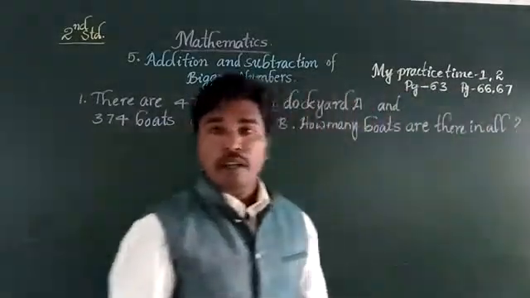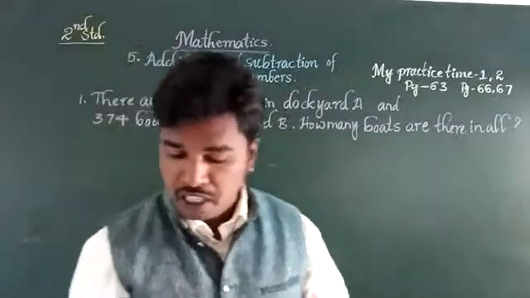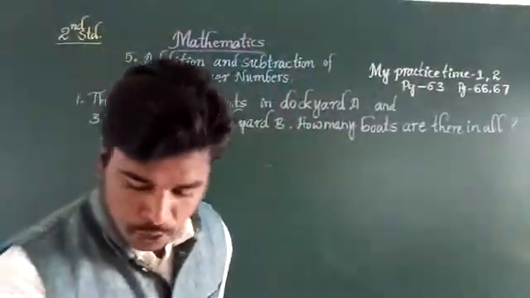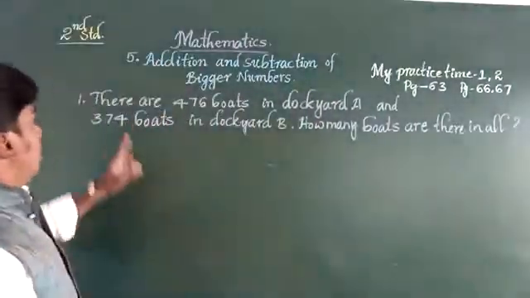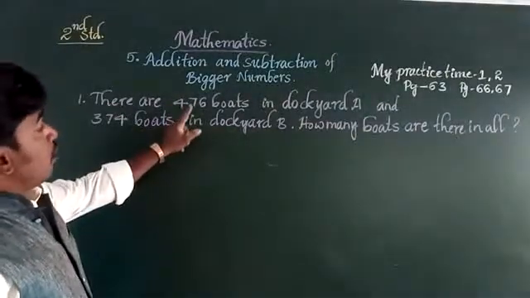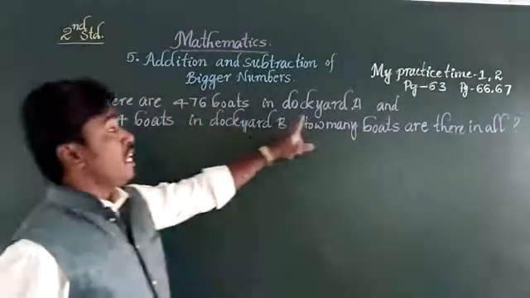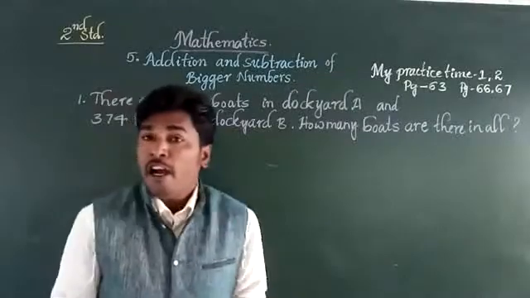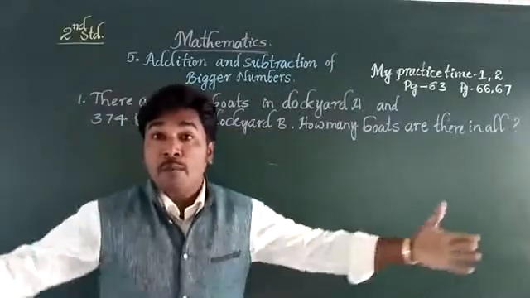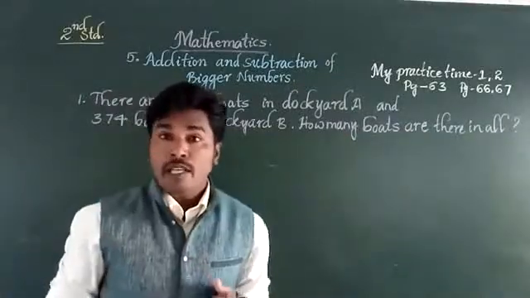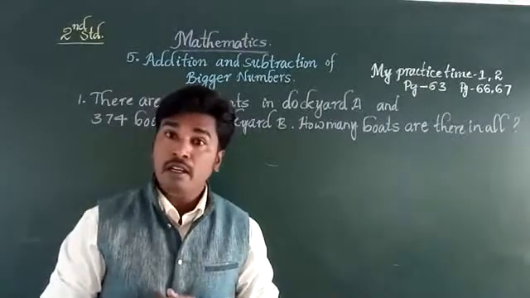Dear students, it's a very simple problem. You can do it by understanding. Here, 476 boats in duckyard A. Duckyard means the place where some boats are going to stand. Have you seen a bus stand?